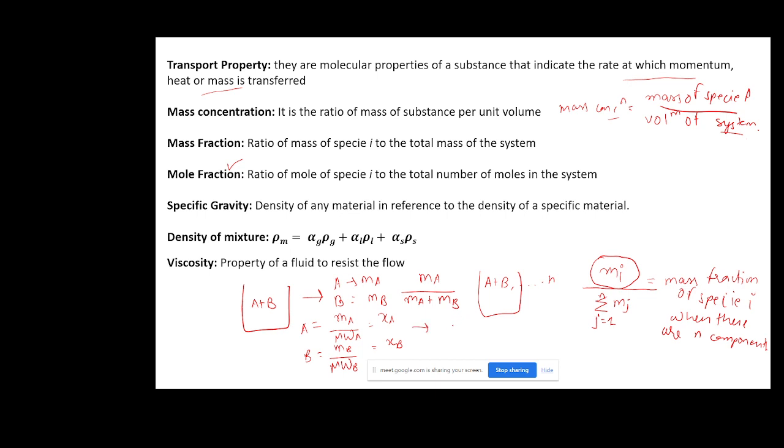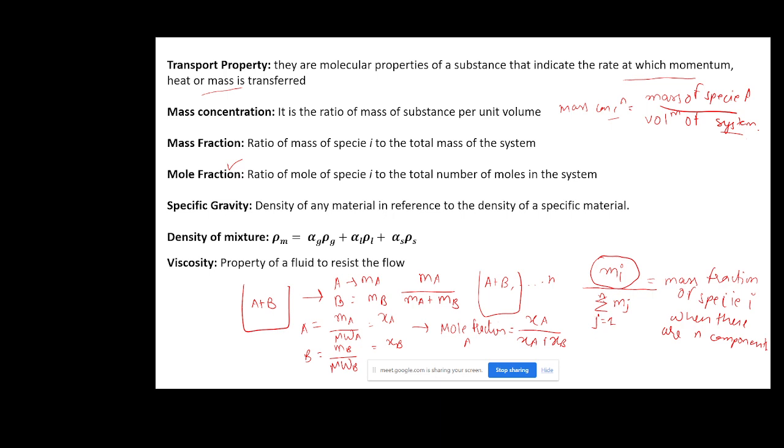So the mole fraction of A is equal to the moles of A divided by the total number of moles, which is Xa plus Xb.